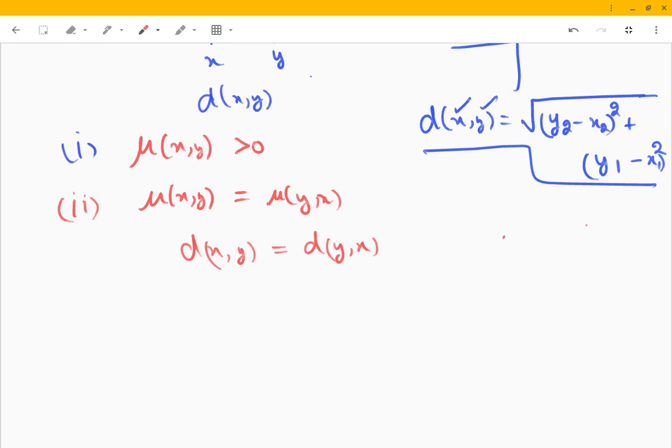It is the absolute value of the distance, right? So 1 plus d(x,y) would be equal to 1 plus d(y,x). And similarly, if you divide them, even then they would be equal, right?